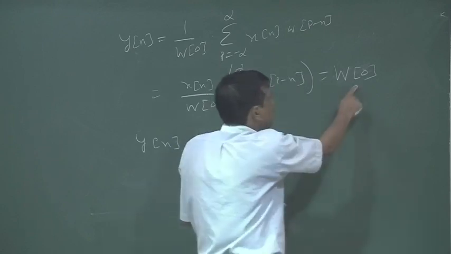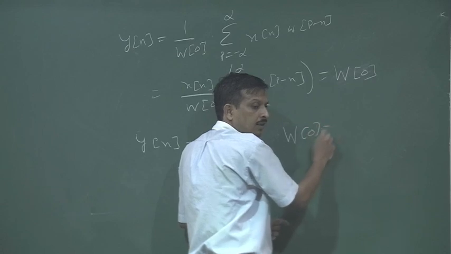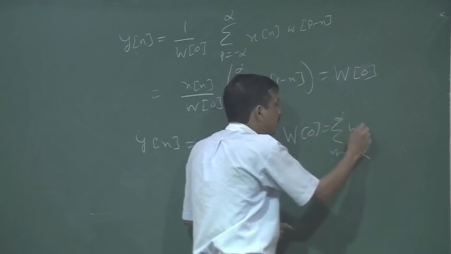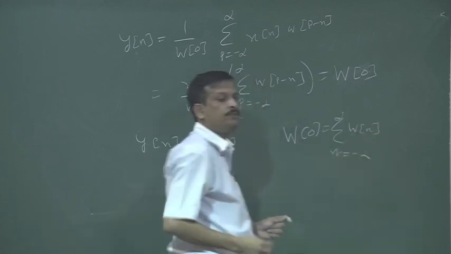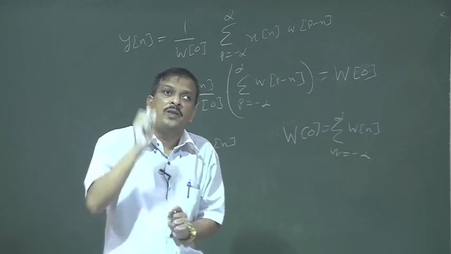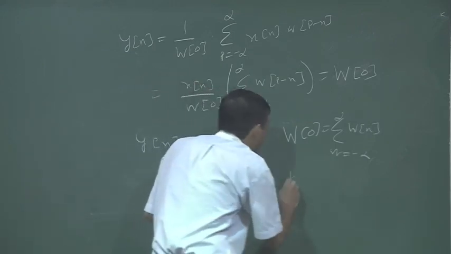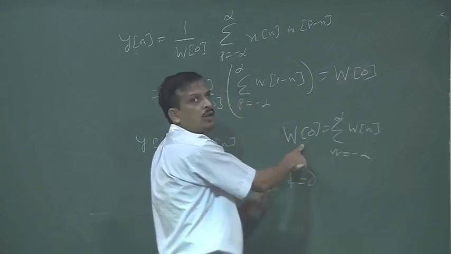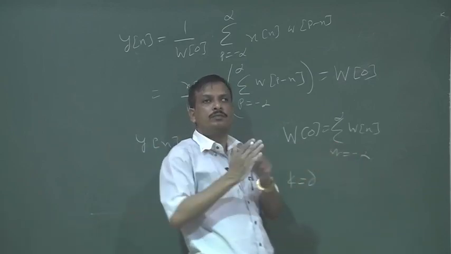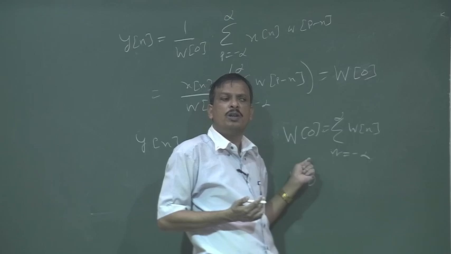Here W0 is not the zeroth sample of the window. W0 is the sum over n from minus infinity to infinity of w of n. So this is the first component of the Fourier transform where k equals 0, the DC component, which is nothing but the average of all samples. The average of all samples gives me the DC component.